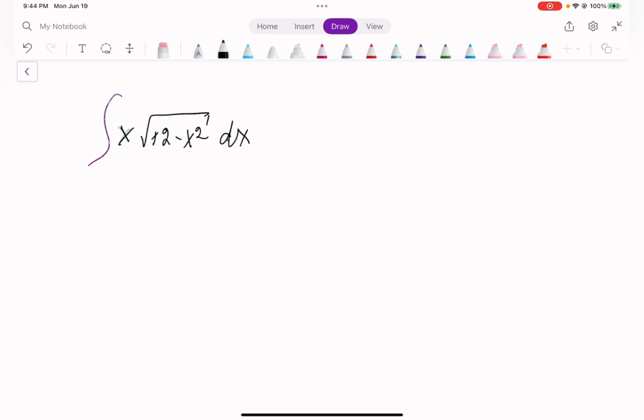All right. So, as you can guess, we are going to substitute u equals 12 minus x squared. And from here, du is going to be the derivative of 12, which is 0, and I will get negative 2x dx.